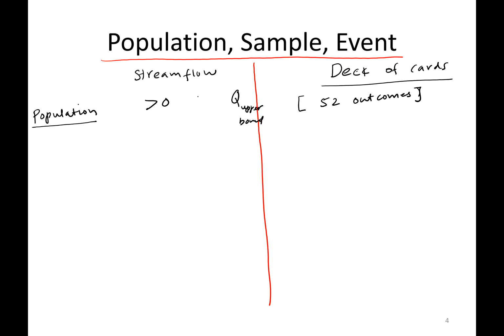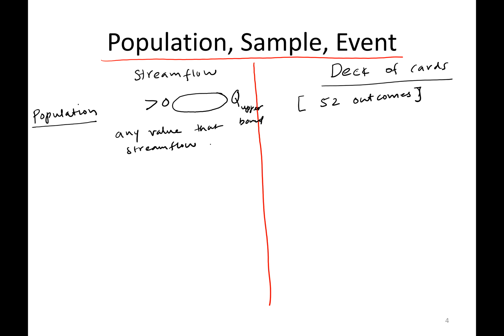So it can have a large number of values. So any value that stream flow can take becomes the population. That's what population means when we talk about stream flow: any possible values that will flow through a stream.